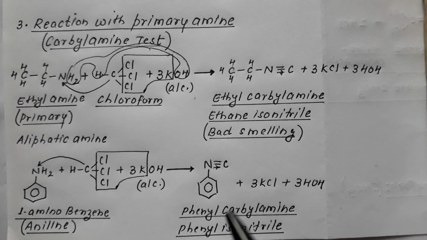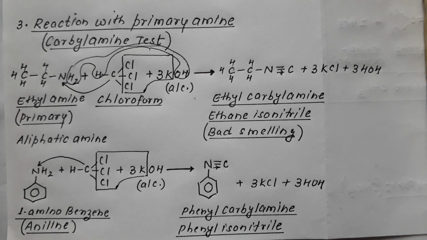This is called carbylamine, so this is termed phenyl carbylamine. As we know, carbylamines are also termed isonitriles. So this is also termed phenyl isonitrile. So we have converted aniline into phenyl isonitrile.